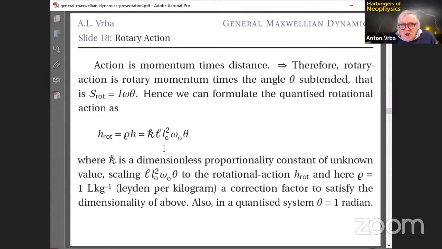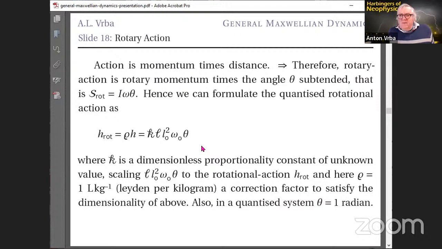The moment of inertia, or rather L, that's the load times the unit distance squared, L0 squared, is basically the moment of inertia. Omega 0 is the radial frequency, and theta the angle subtended.